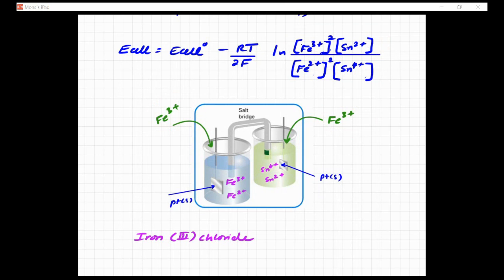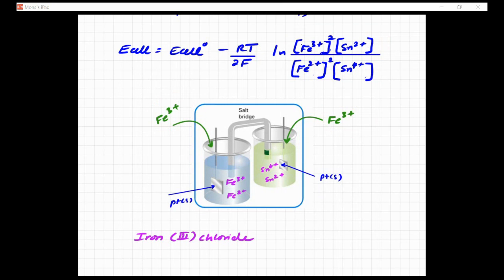I added Fe3+ on both sides, so let's see if there is any effect of Fe3+ on the right side. I'm asking a question. How would it be affecting the quotient?